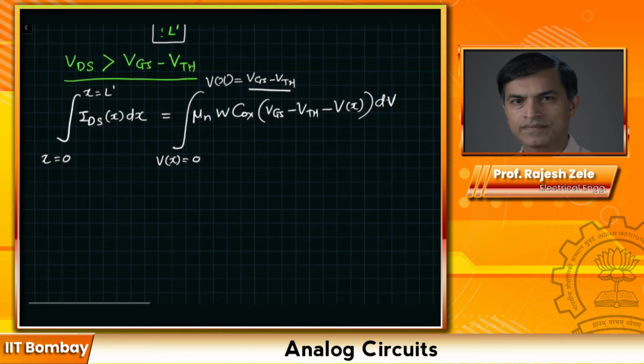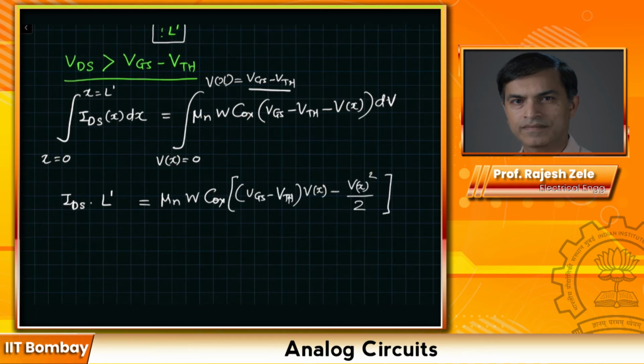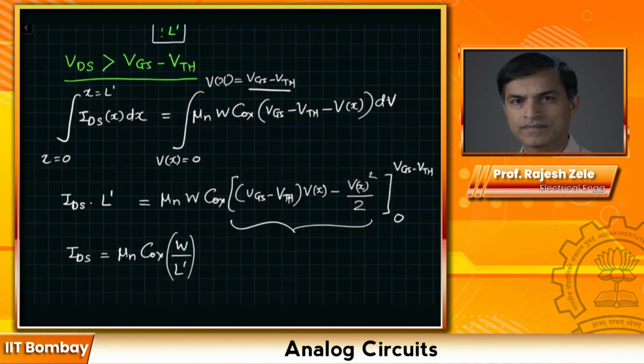So if we solve this, we should get IDS times L prime is equal to mu n W Cox times an integral from 0 to VGS minus VTH. So we get IDS is equal to, and this expression will become, you can quickly see, (VGS minus VTH) squared.